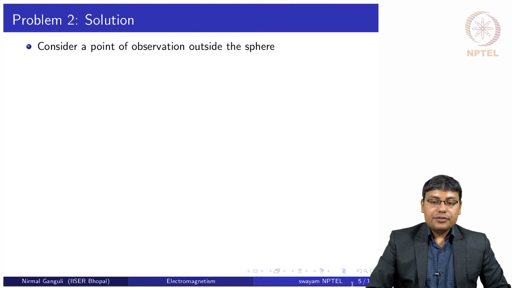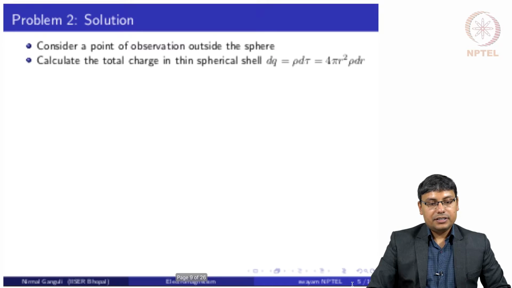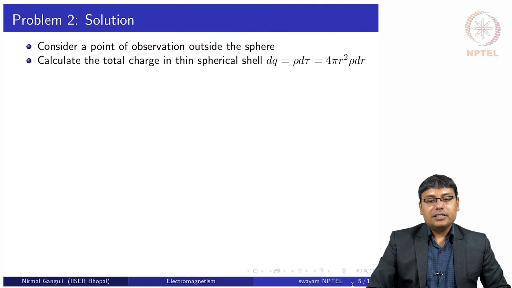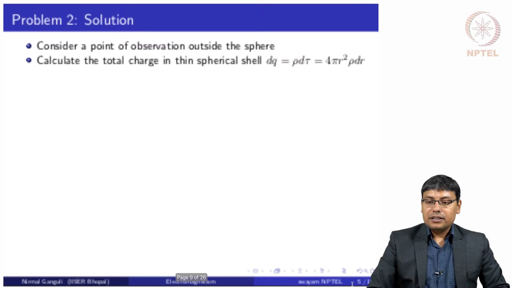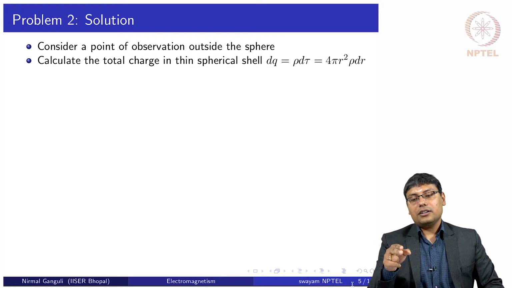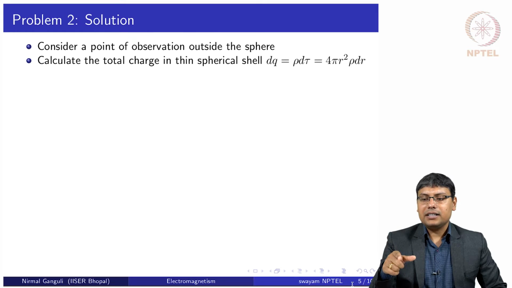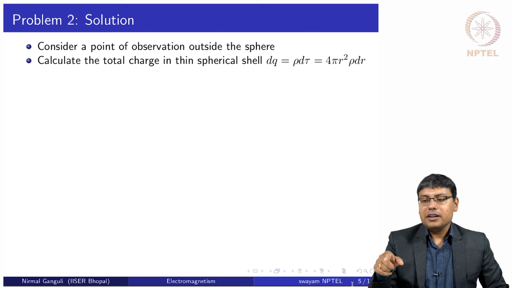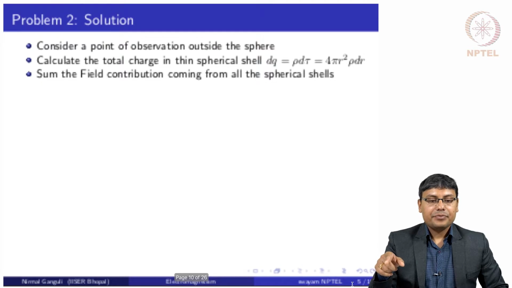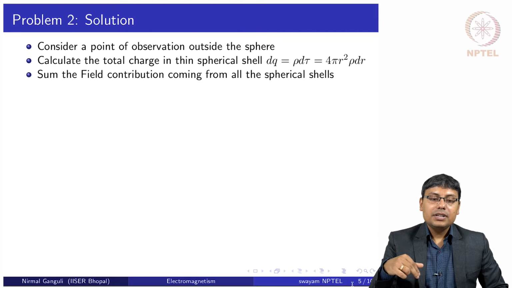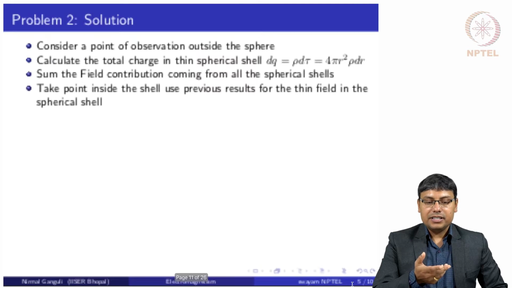Let's consider a point of observation outside the sphere to begin with, and we can calculate the total charge in a thin spherical shell. So, if we consider a spherical shell, the total charge on that shell we can call dq, and that will be rho times the volume of that thin shell, that is rho d tau, that is 4 pi r squared times rho dr. And then we can sum the field contribution coming from all such spherical shells, and that will give us the field.